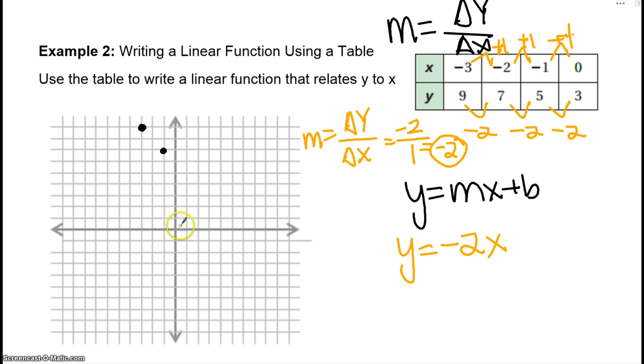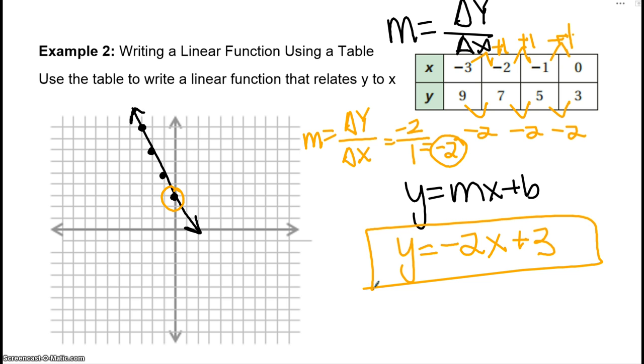My third point is (-1, 5). And my fourth point is (0, 3). If I connect these dots, it intersects the y-axis at +3. So my function is y = -2x + 3.